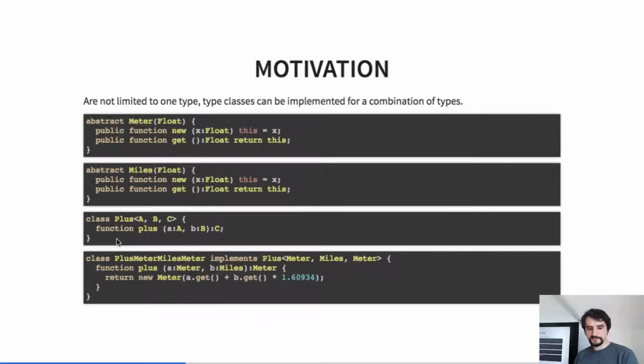You implement the plus operation for meter and miles, and the resulting type is a meter. In the same way, you could define this for meter and centimeters, for example, or whatever you want. So for every combination of types, you can define a type class.